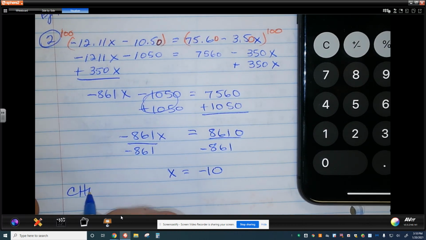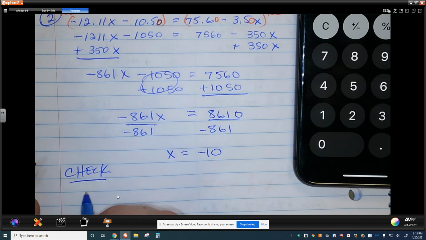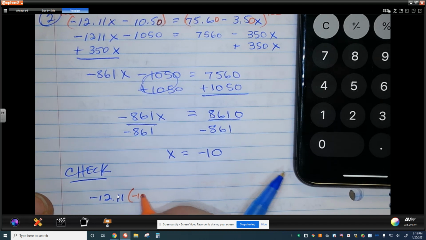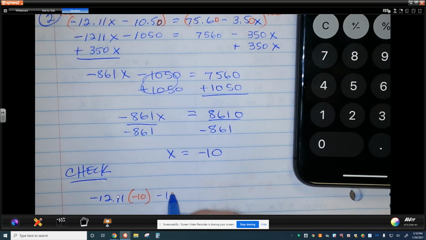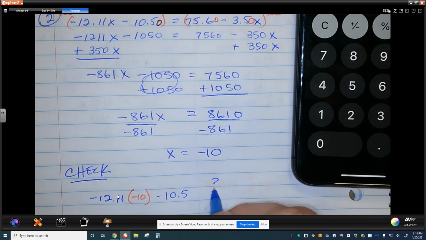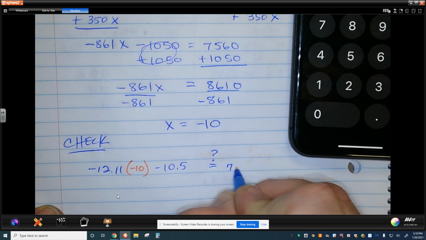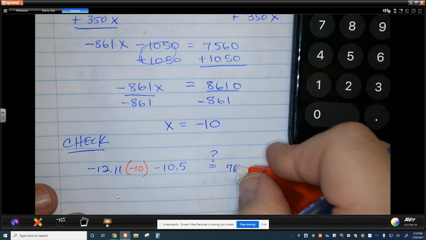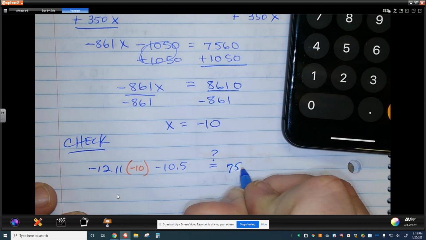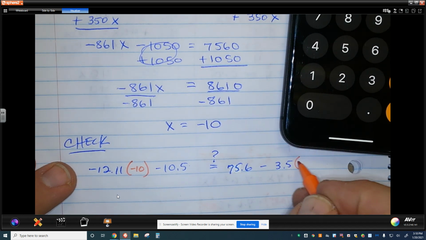So let's check our work. We will go like this with negative 12 and 11 hundredths, replacing x with negative 10, minus 10 and 5/10. I'm questioning if my answer makes these equal, 75 and 6/10 minus 3 and 5/10 times negative 10.